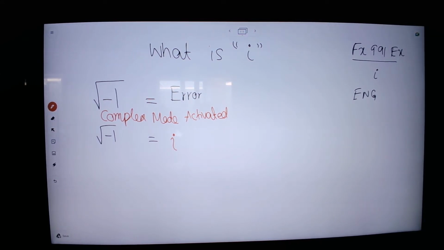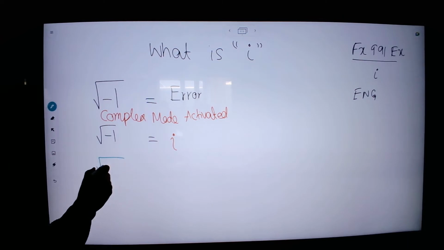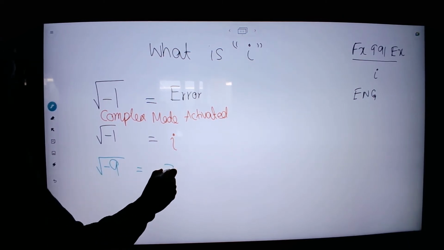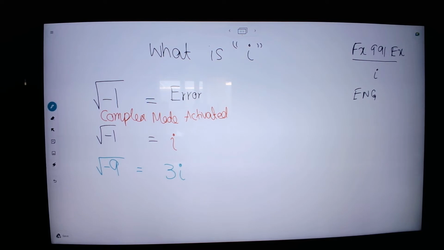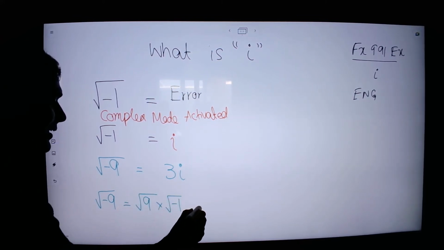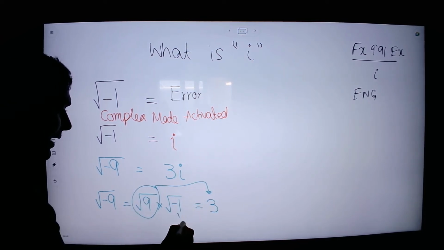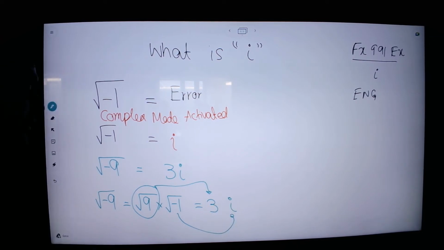Now if you do the square root of minus 9, let's try that one, that will give you the answer 3i. Why will it give you 3i? Because square root of minus 9 is equal to square root of 9 multiplied by square root of minus 1. This part is 3 and this part is i. So the answer is 3i.